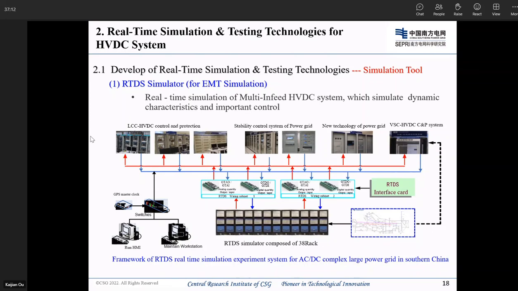All the control and protection cubicles are connected in closed loop with RTDS through the GT IO input and output cards. We use RTDS to connect the many kinds of control and protection cubicles of the power system together, to study the CSG power system.